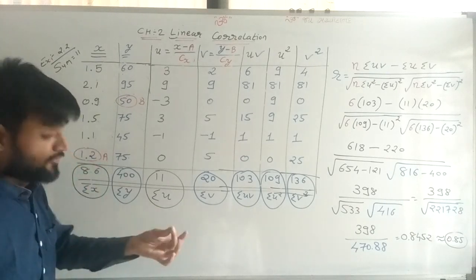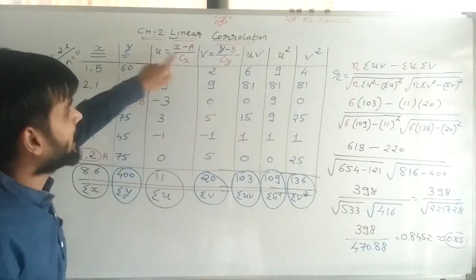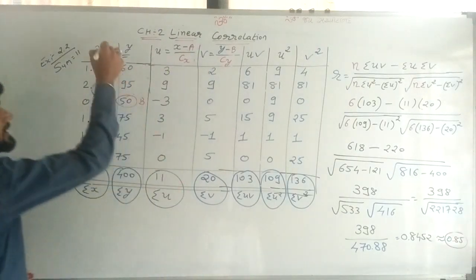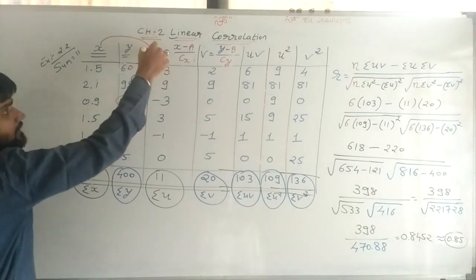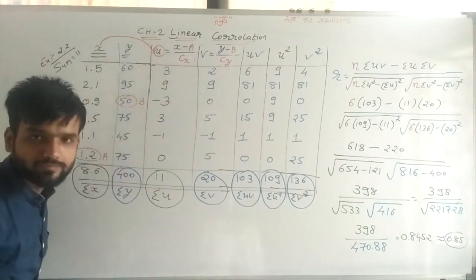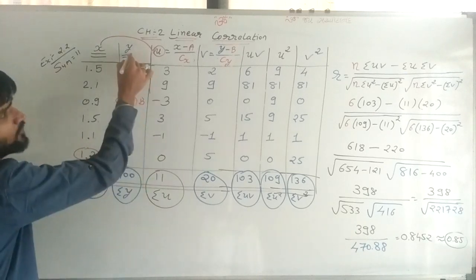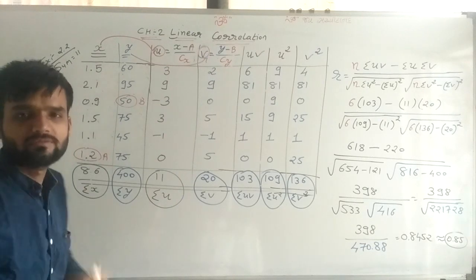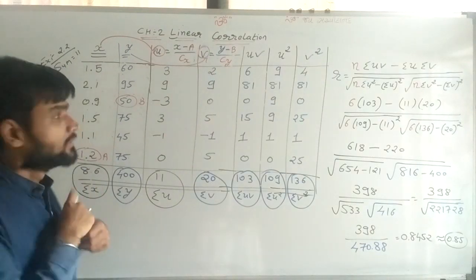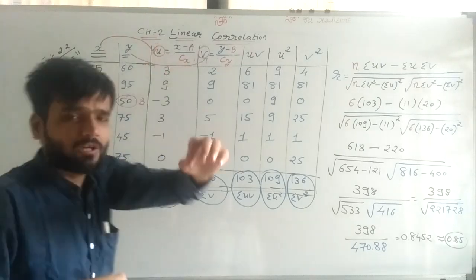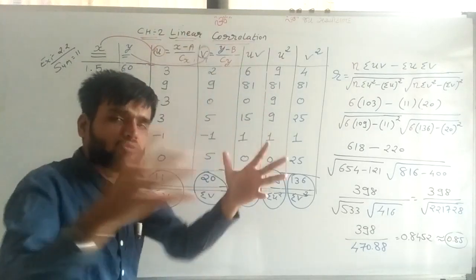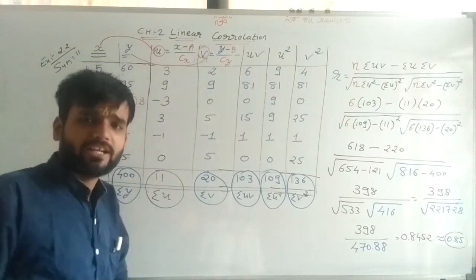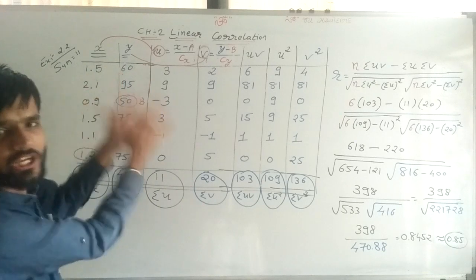For that we are finding u and v. On the basis of x we can find u, and on the basis of y we can find v. Whenever we want to convert large values into small values, what are we doing? Deducting and dividing. Same thing we are doing here.